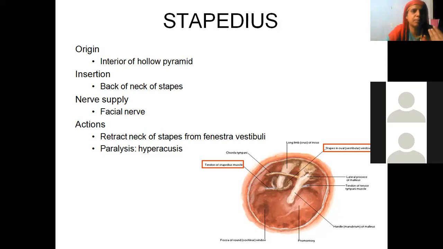Four names you can remember: lingual, superior thyroid, whatever are easy for you. Then maxillary, superficial temporal, because these names we have studied. Lingual we studied with the tongue, and superficial temporal and maxillary we studied inside the parotid gland. Superior thyroid we studied when we were doing the thyroid gland. Those four branches you can study for external carotid artery branches.